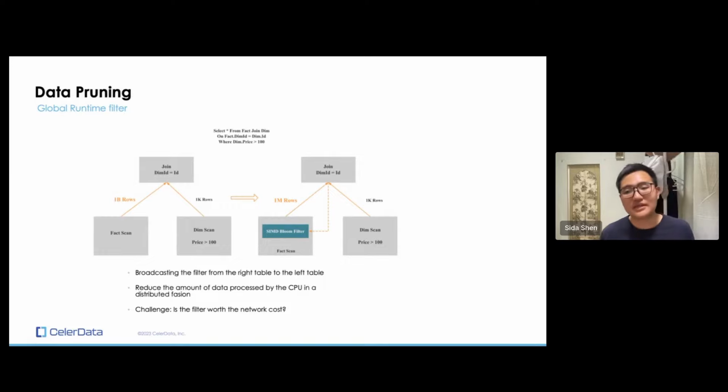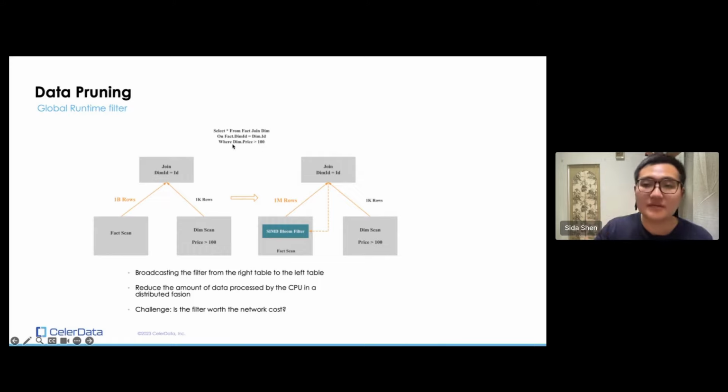And StarRocks also has a lot of other optimizations, like data pruning. The objective of this is basically to minimize the amount of data being processed by your CPU. So let's consider this query: select star from fact, join dimension table, on fact.dimension_id equals dimension.id, where dimension.price is greater than 100.